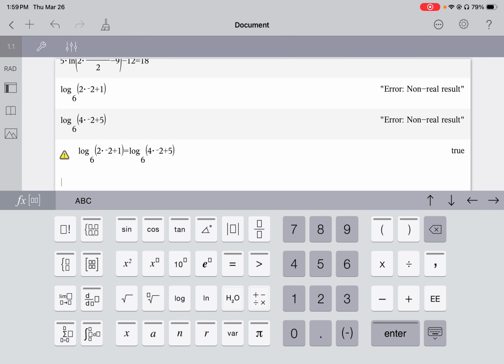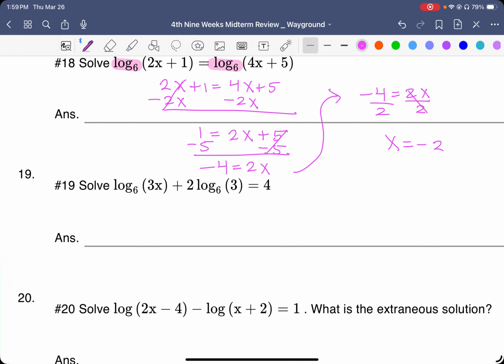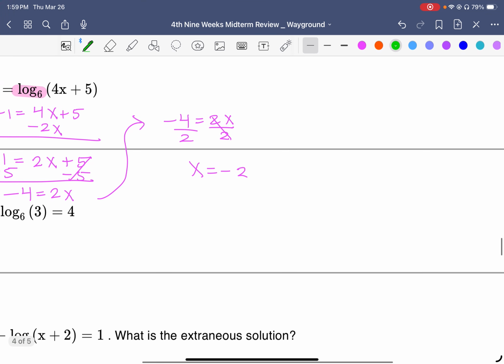Because if you went off of this, you would say that it's true. However, when you plug in the left-hand side, it doesn't work. And when you plug in the right-hand side, it doesn't work, okay? So this -2 is actually going to be considered extraneous. And now that we have no answer, the answer is not 'no answer.' The answer would be no solution.